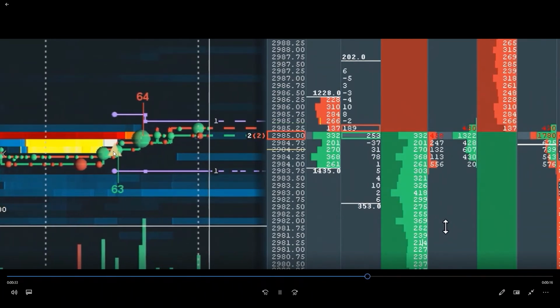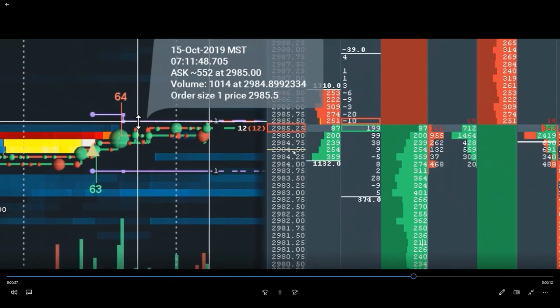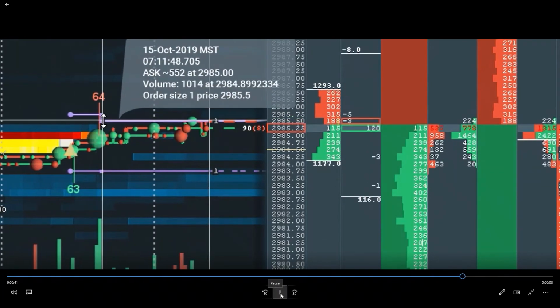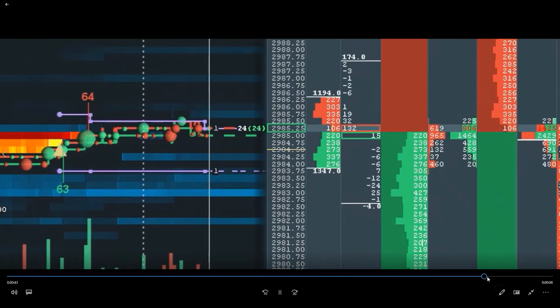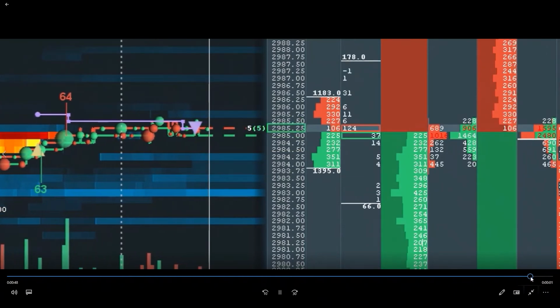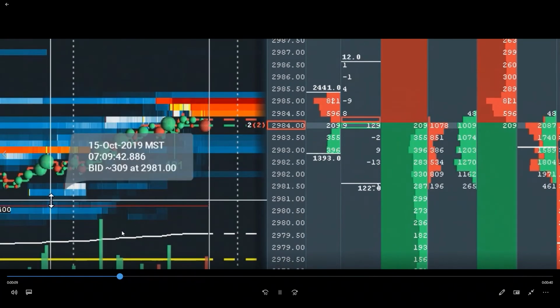And I got in long over here at 29.8450 and took profit at 85.50. Okay, I think I should have held for more profit. I took only 3 ticks over there, but that's when you see that happening.